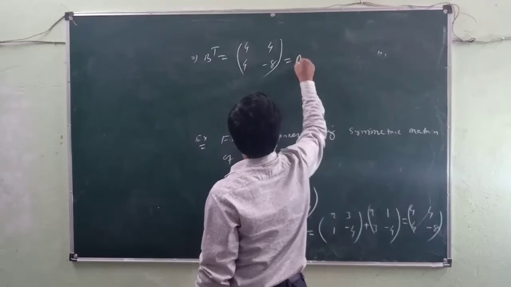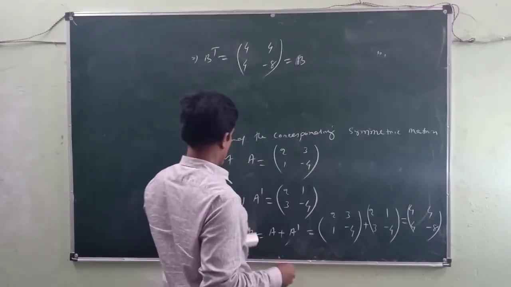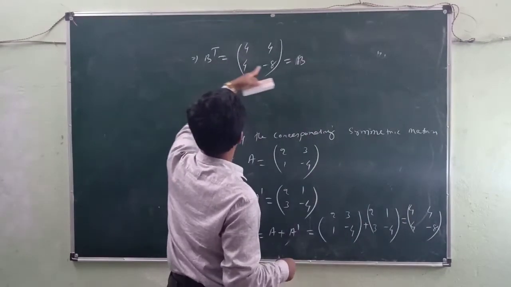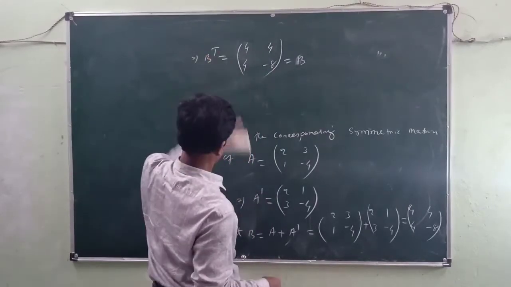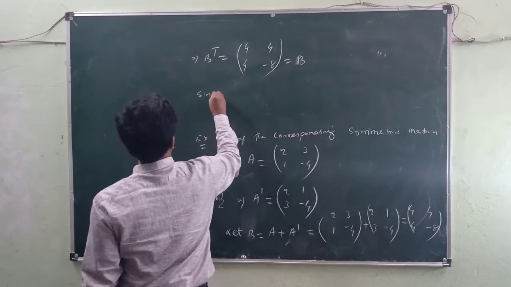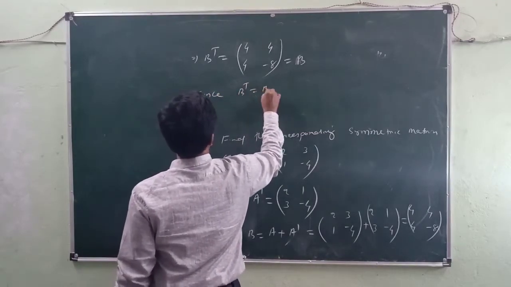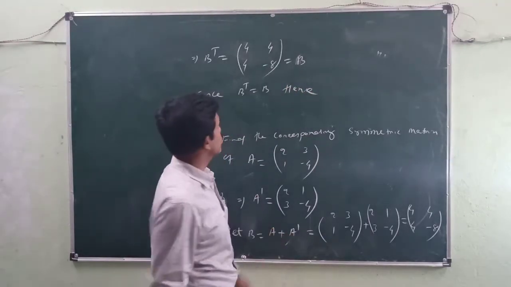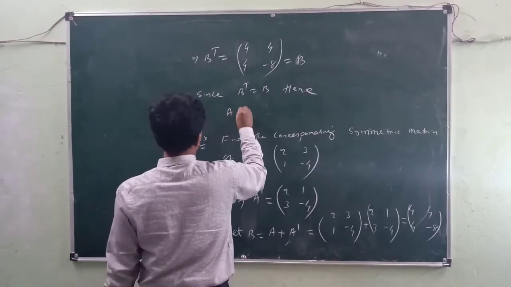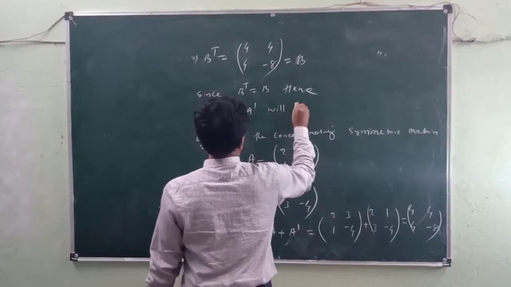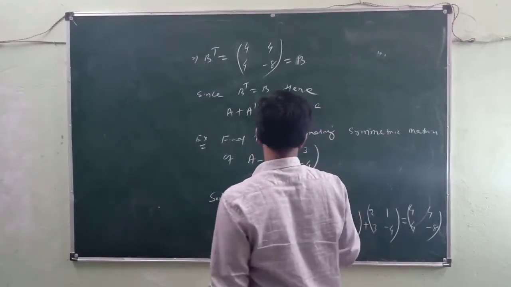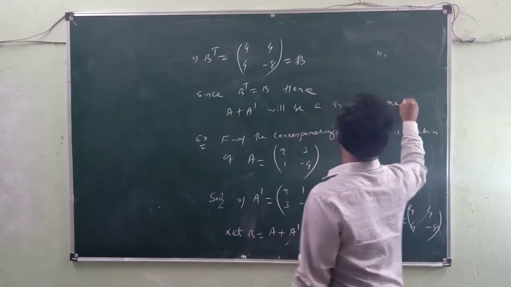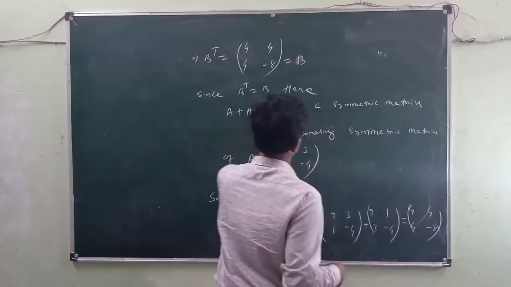Now look, B transpose is equal to B. Since B transpose equals B, and B means A plus A transpose, hence A plus A transpose will be a symmetric matrix.